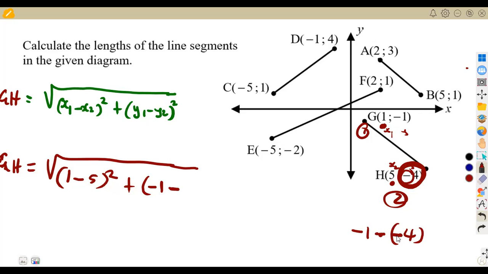So negative, I said it gives us a positive at the end. So this will be -1 plus 4 squared, instead of writing -1 minus -4.